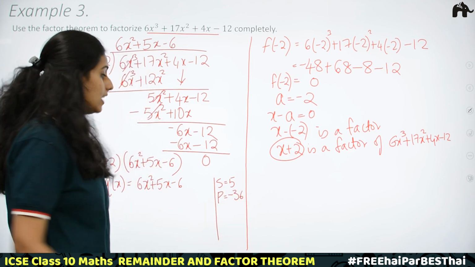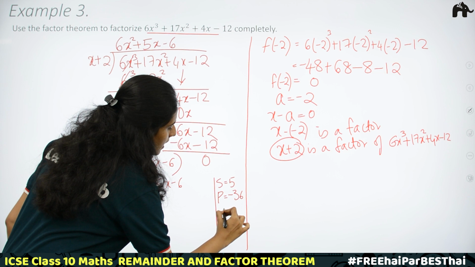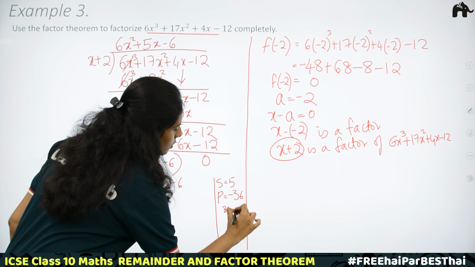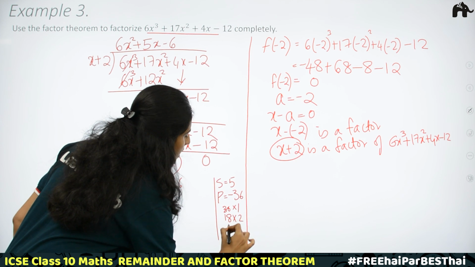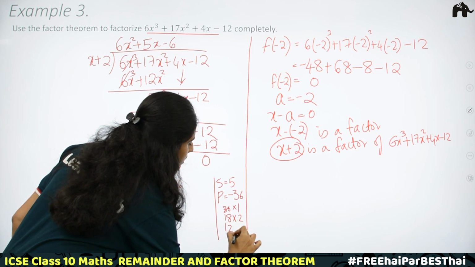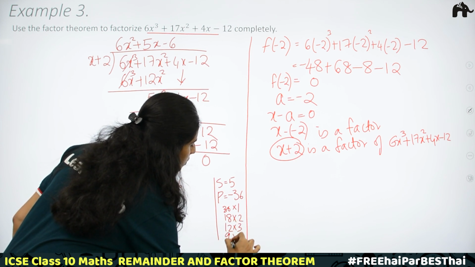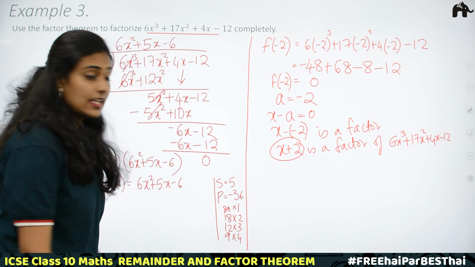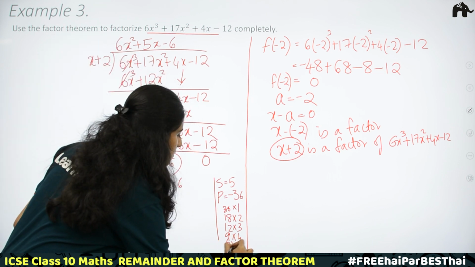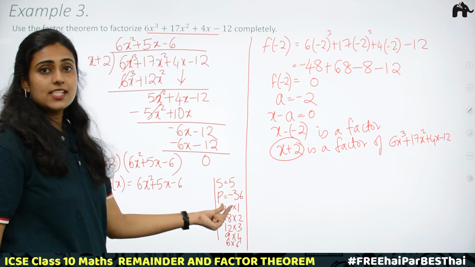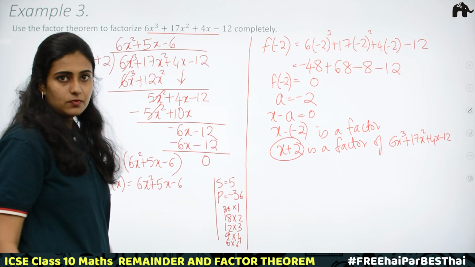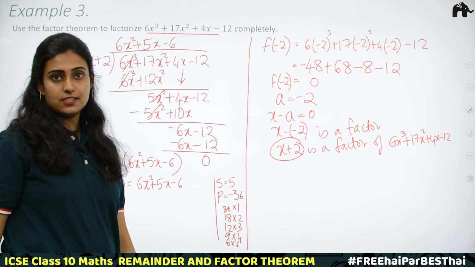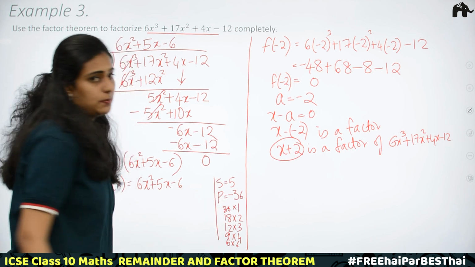To get 36, we can multiply 36 into 1 or 18 into 2, then 12 into 3, 9 into 4, okay, then 6 into 6. Here we have a negative sign in the product. That means one should be negative. Okay, and sum is positive, which means the greater number chosen should be positive.